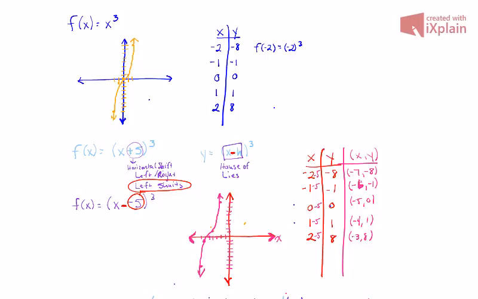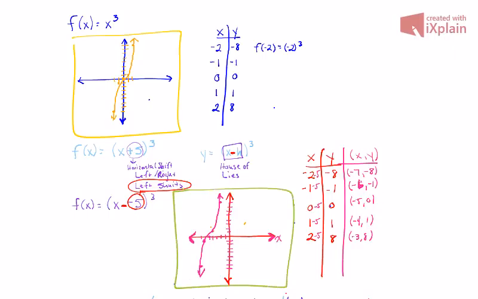So compare your work here. Maybe in this yellow-orange box, that's your original parent function, to the one that you see in the green box. Does it look like I've moved to the left 5 units? Kind of think of it this way as well.